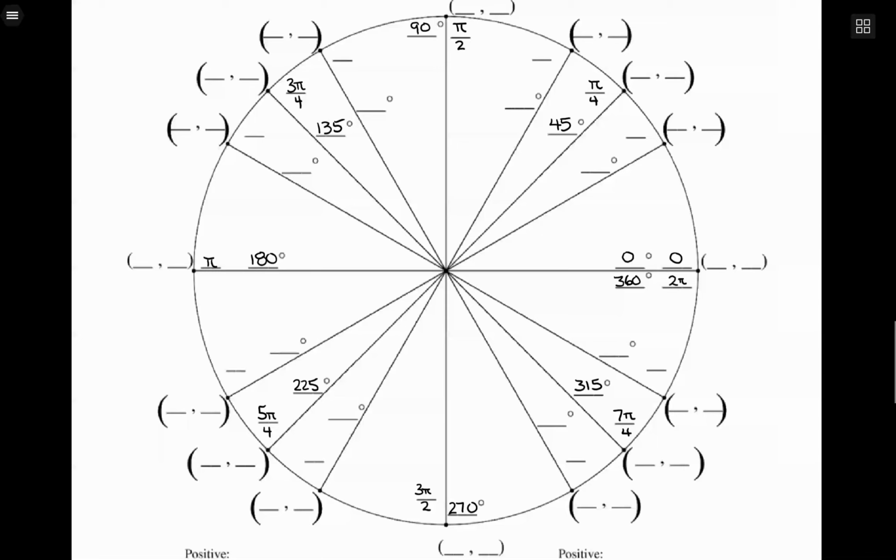All right, how about 30-degree increments? So we have 30, 60, 90, 120, 150, 180, 210, 240, 270, 300, 330, 360. Now those increments were pi over 6.